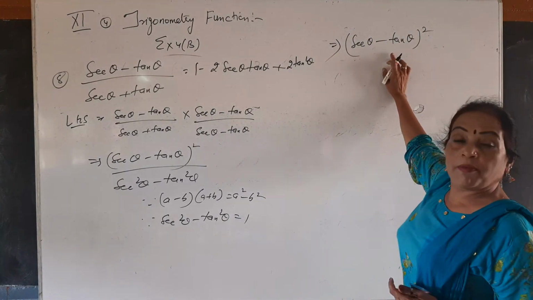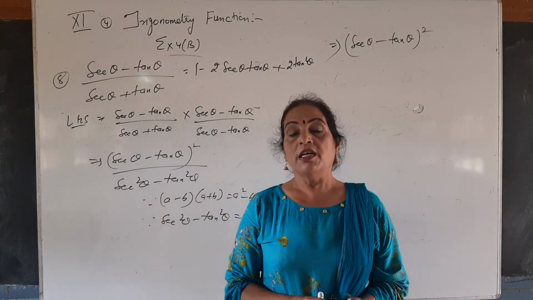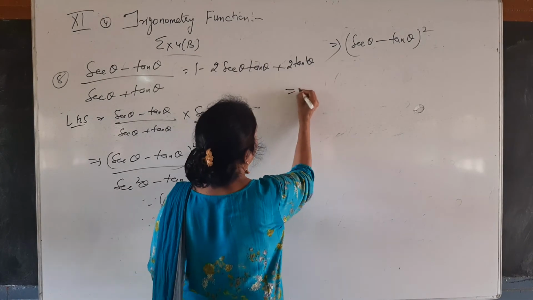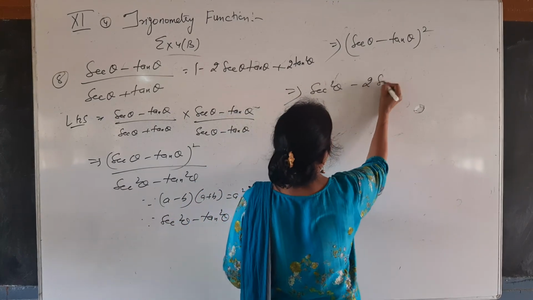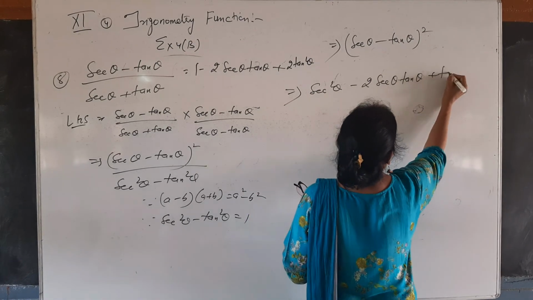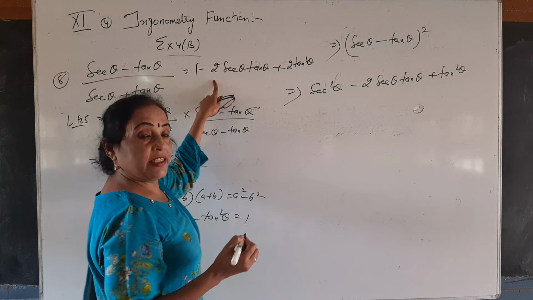Now it is of the form a minus b whole square. A minus b whole square is a square minus 2ab plus b square. We will use that. So we will get here sec square theta minus 2 times sec theta tan theta plus tan square theta.